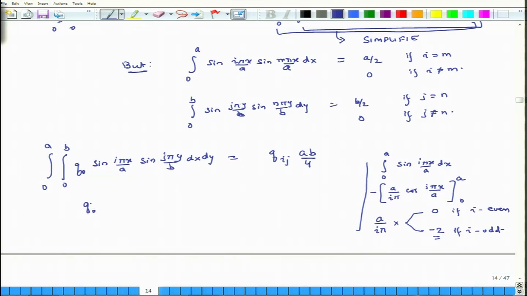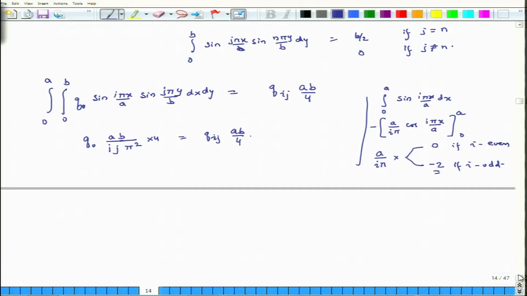So, essentially we get q naught a over i times j times pi square b into 4 is equal to q i j times a b over 4, because minus 2 gets multiplied by minus 2, I still get positive 4.